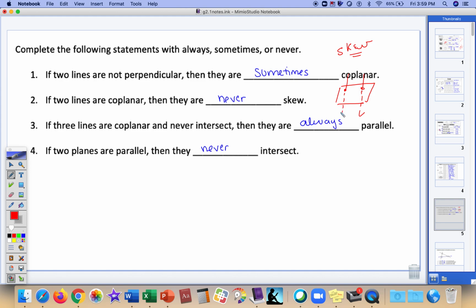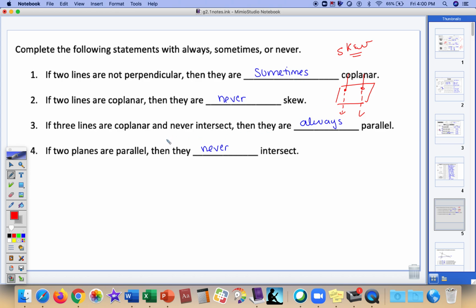In the diagram it looks like they're not on the plane that I have drawn. However, I can draw a plane connecting those two lines. So if two lines are on the same plane, they cannot be skew.